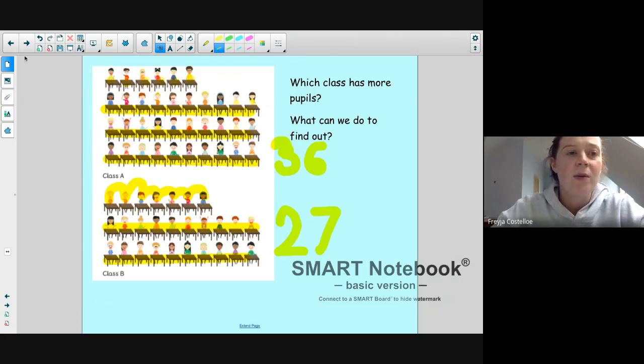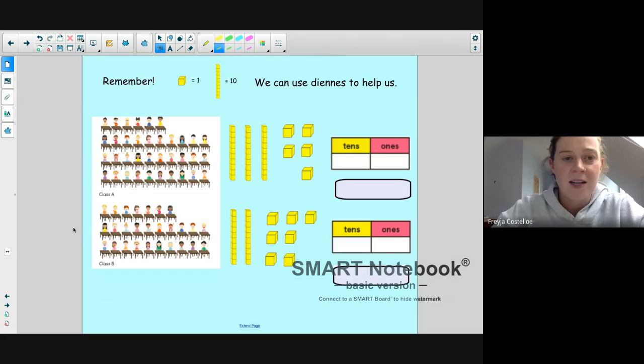Now, we are going to have a look on the next slide here to work this out. So here I've used Deans on this slide, okay? Here, our little rods of 10 and our little cubes of ones, to help me make it really nice and clear how we compare big numbers like this.